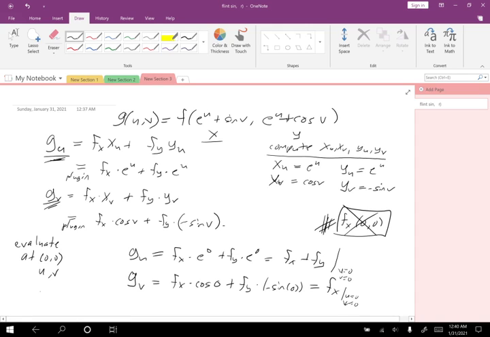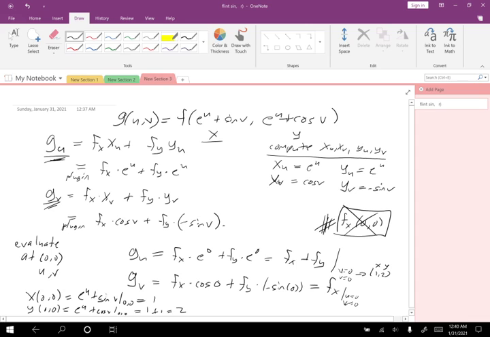In fact, what is x of 0, 0? It is e to the u plus sine of v at 0, 0. So this is 1. Similarly, y of 0, 0 is e to the u plus cosine of v at 0, 0. So this is equal to 1 plus 1, so it's 2. So actually, these things are evaluated at 1, 2, x, y.